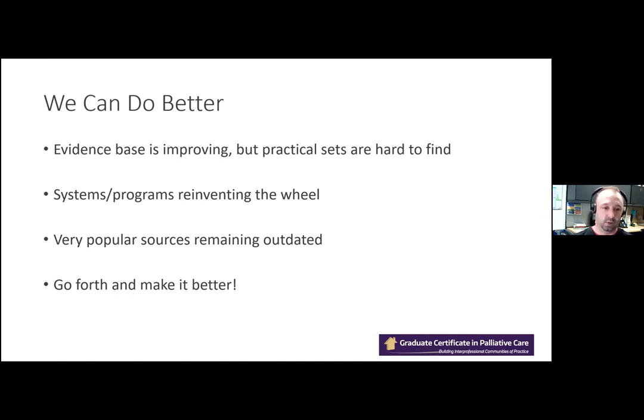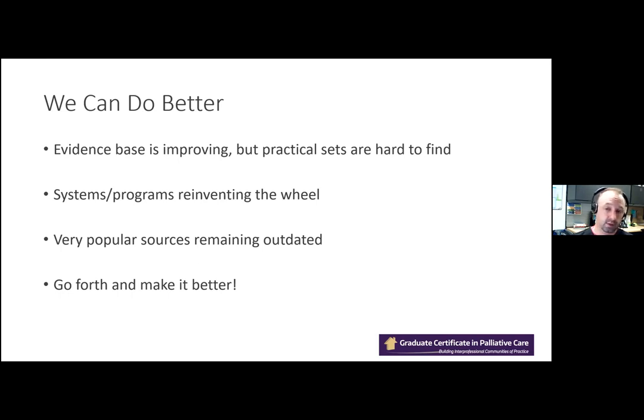Similar with AHPM. People will talk about them in forums and so forth. But really, when it comes to a whole encompassing package for comfort care at the end of life, a lot of systems are still working out all of these things that we've talked about on their own and reinventing the wheel.